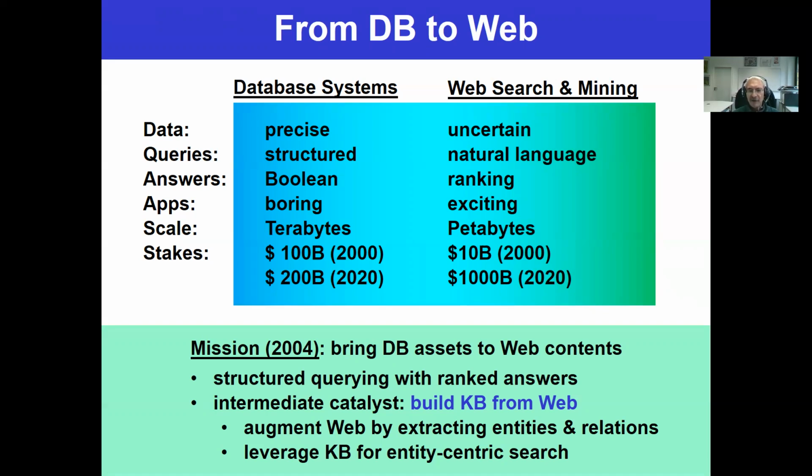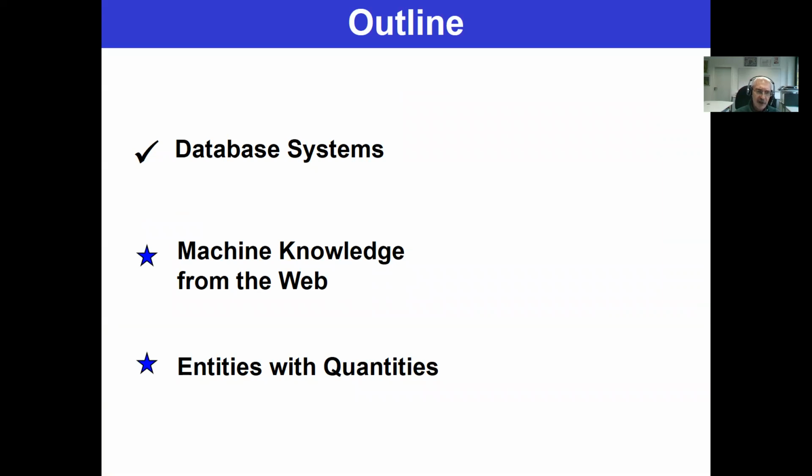But then we varied the theme and we thought of going for an intermediate layer first, a comprehensive knowledge base automatically extracted from the web, capturing entities and relationships between them, and thus being able to support and boost the quality of search engines. So, machine knowledge from the web. This is the main part of the talk.